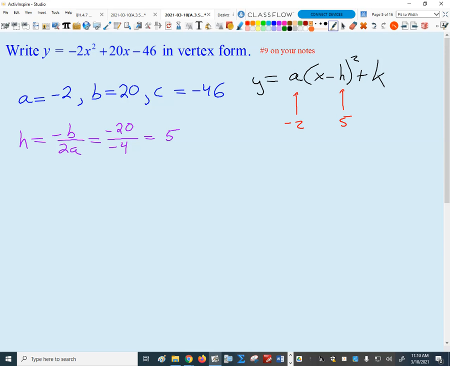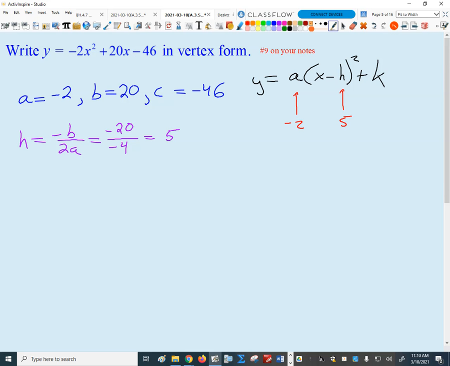Okay, good. So I'm getting -20 divided by 2 times -2. So I end up with -20 divided by -4. That's +5, isn't it? So I've got 2 of my 3 values to plug in. All I have to find is k.